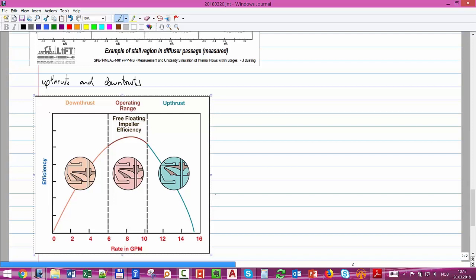If, on the other hand, you have too little flow, then it's going to tend to lay on this support here, and it's going to rotate, creating again a lot of wear and heat, and also reduced lifetime. So you always want to operate in a range where you don't enter into upthrust and you don't enter into downthrust.